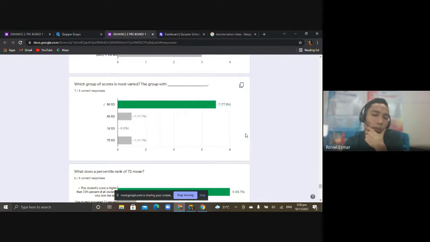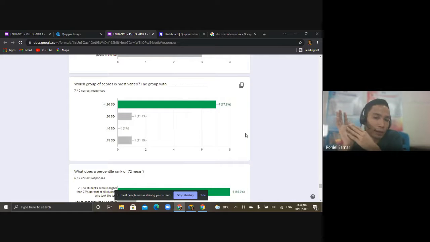The closer it is to 1, the more dispersed the scores are. The more nga mas taas ang range sa ilang scores, the more nga mas taas ang diversity sa ilahang scores.